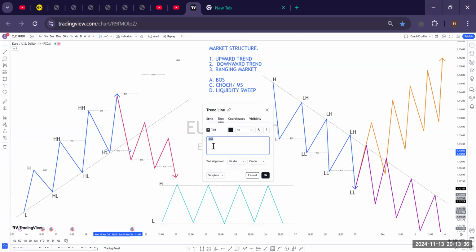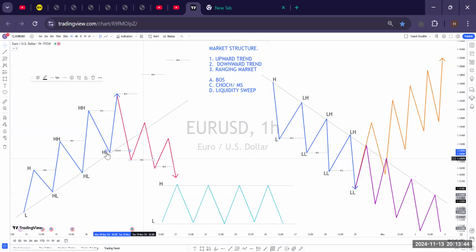We see this and call this a change of character. That is, price has changed direction to the downward trend. All right, that is, price has changed trend.